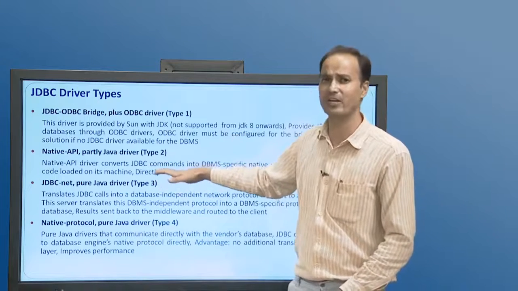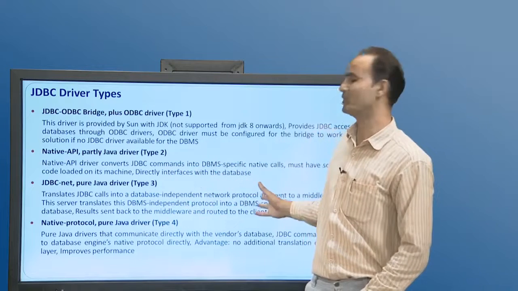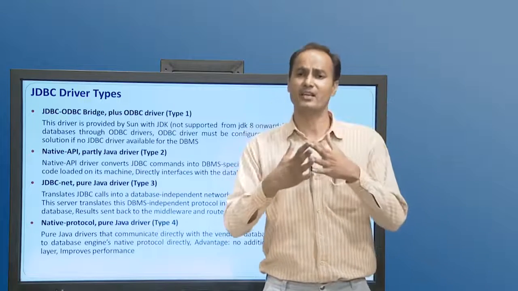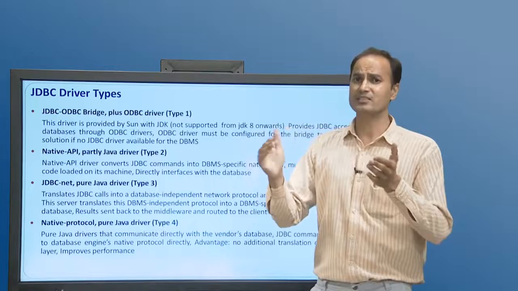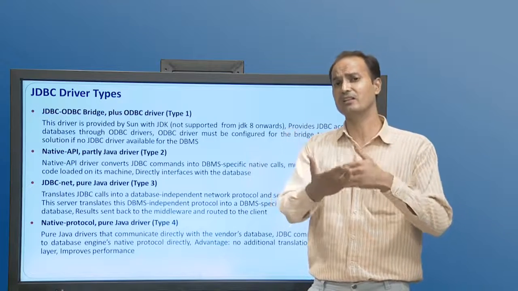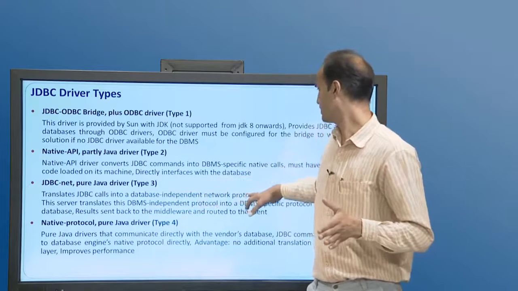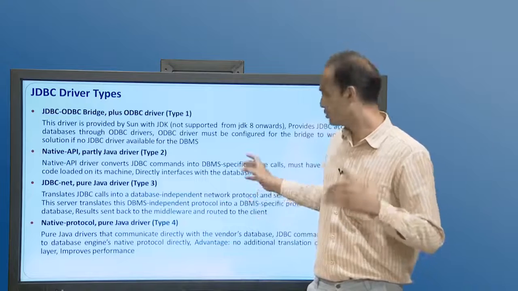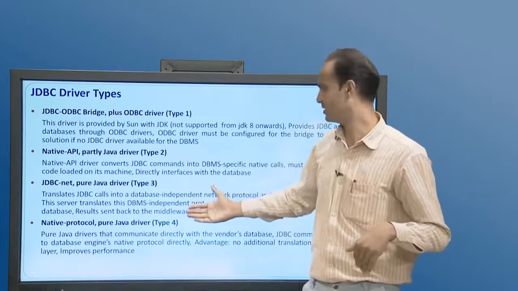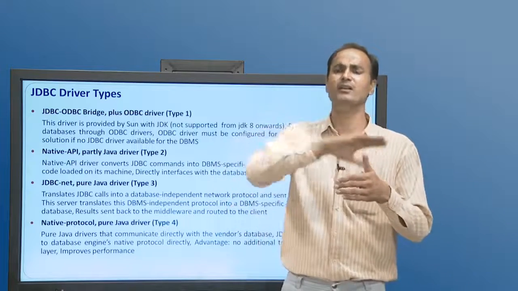This kind of driver translates the JDBC call into a database-independent network protocol and sends it to the middle-level server. The middle-level server then receives it and translates the database-independent network protocol into the DBMS-specific protocol and sends it to the database. The result is sent back in the reverse order, the same way, and translated back to the client.